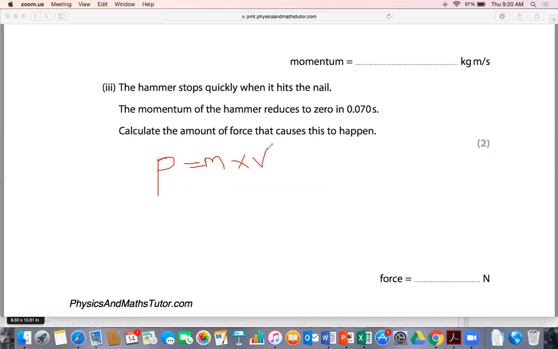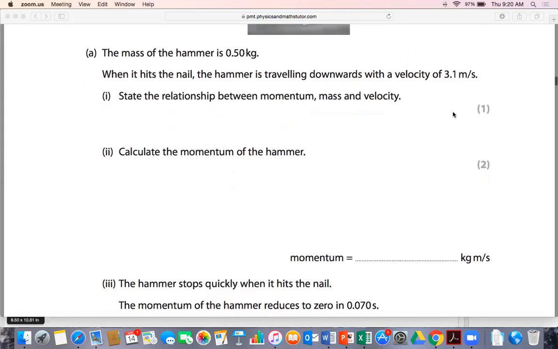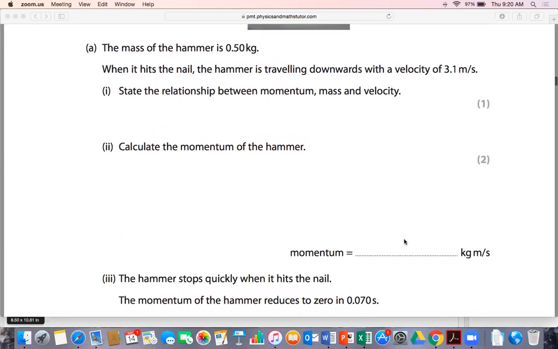Now calculate the amount of force. We have mass is 0.5 kg, velocity is 3.1. The momentum of the hammer reduces to 0 in 0.07 seconds.